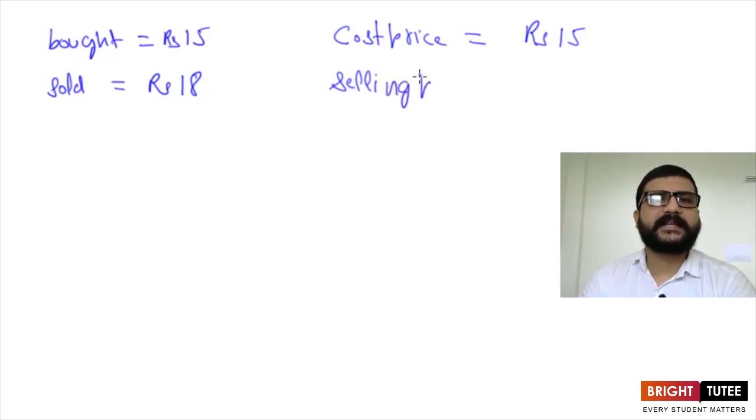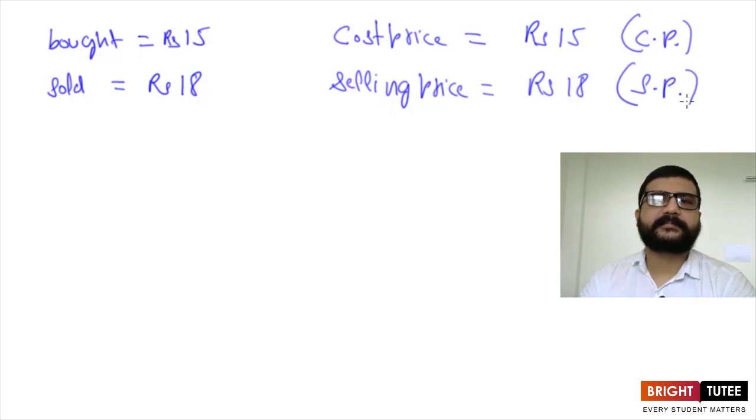What is the selling price here in this case? It is rupees 18. We represent cost price with CP and selling price with SP. This is CP and this is SP. CP means cost price, SP means selling price.